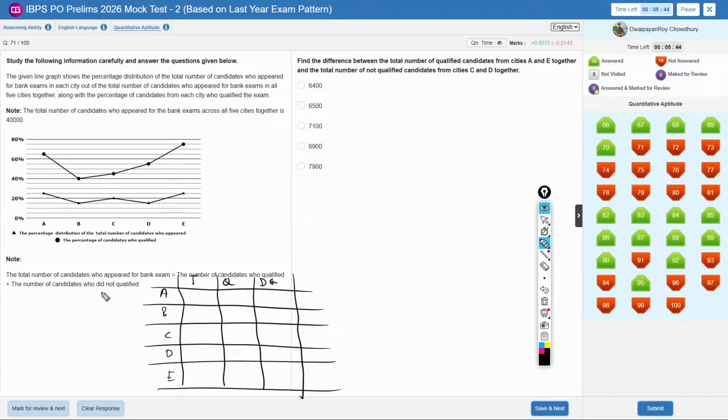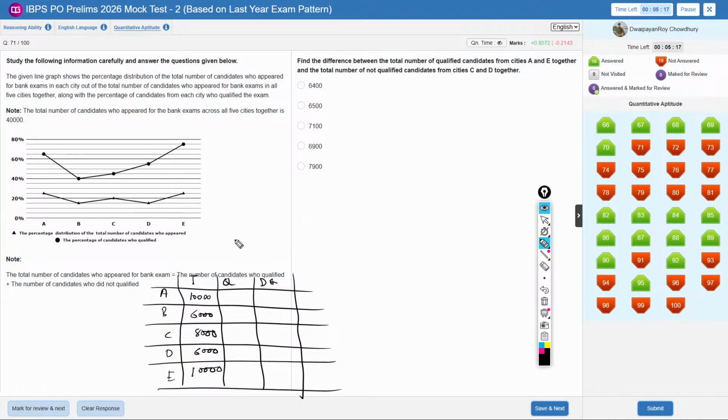So 25 of that is going to be 1,000, 10,000. Then it is 15%, 6,000. Then 20%, 8,000. Then 15%, 6,000. Then again 25,000, 10,000.